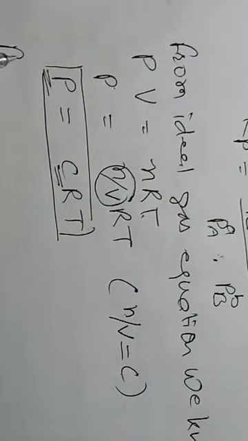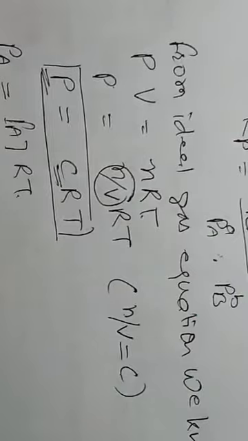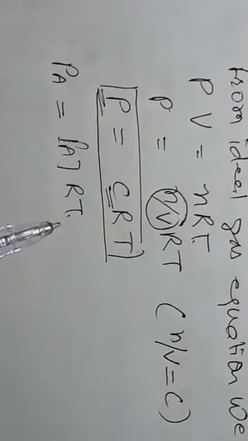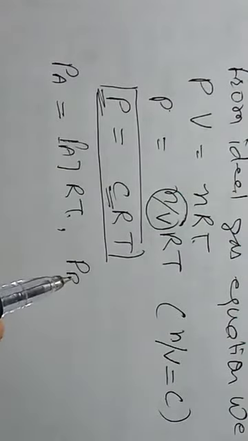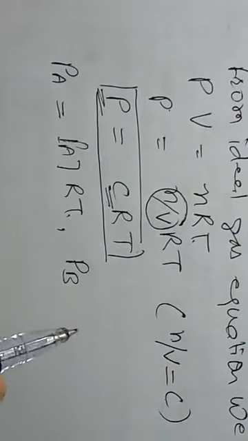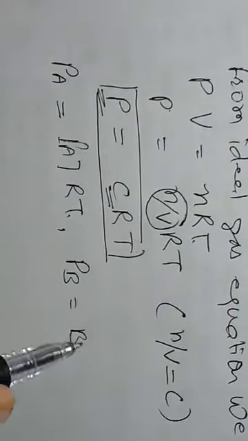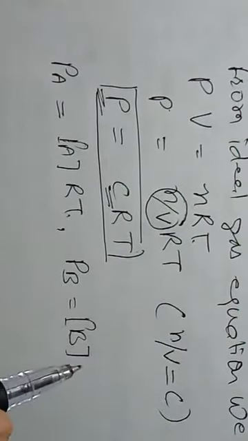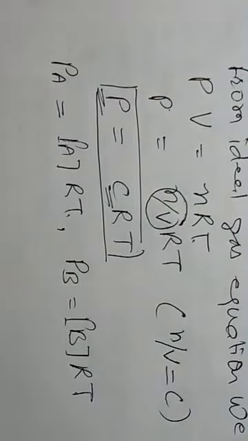So the partial pressure of A we can write as concentration of A into RT. In the same way, the partial pressure of reactant B will be equal to the molar concentration of B into RT.